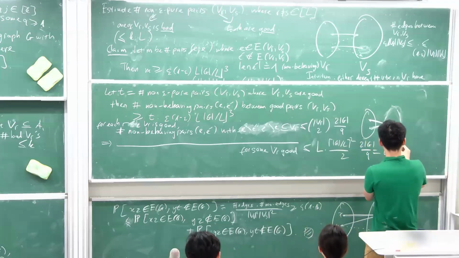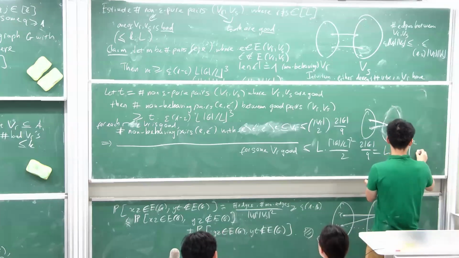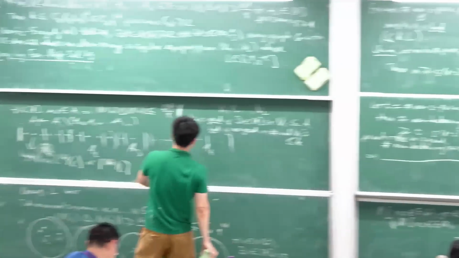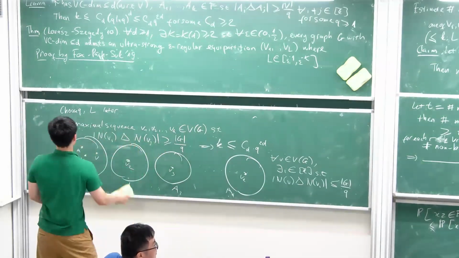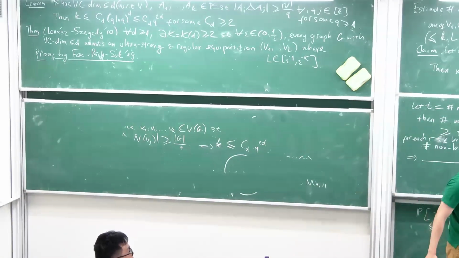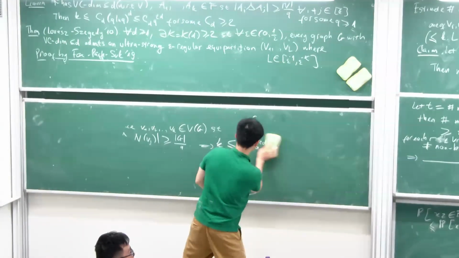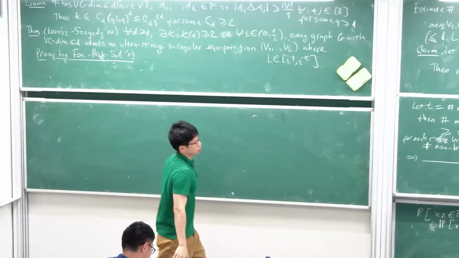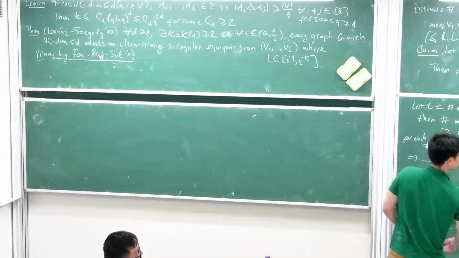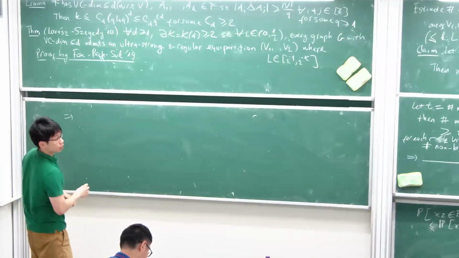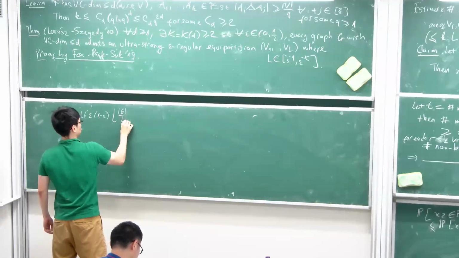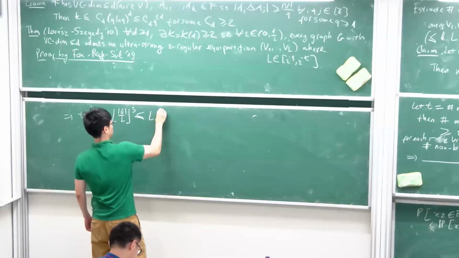This is L times G over L squared times E over Q. Okay, so now we have a lower bound and an upper bound. Right? Now, P epsilon epsilon.